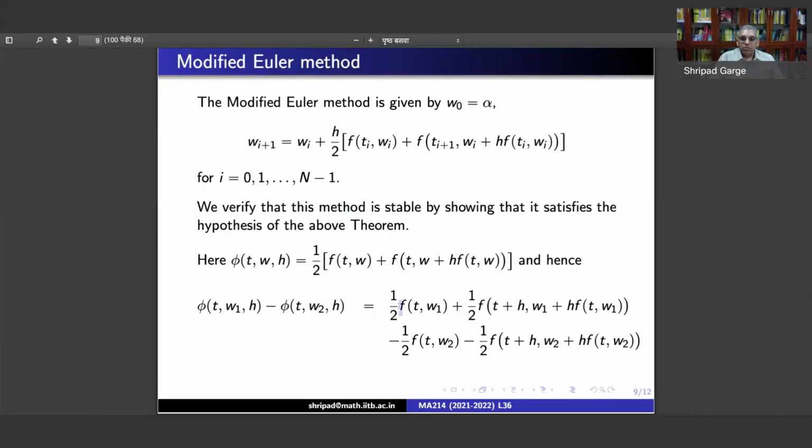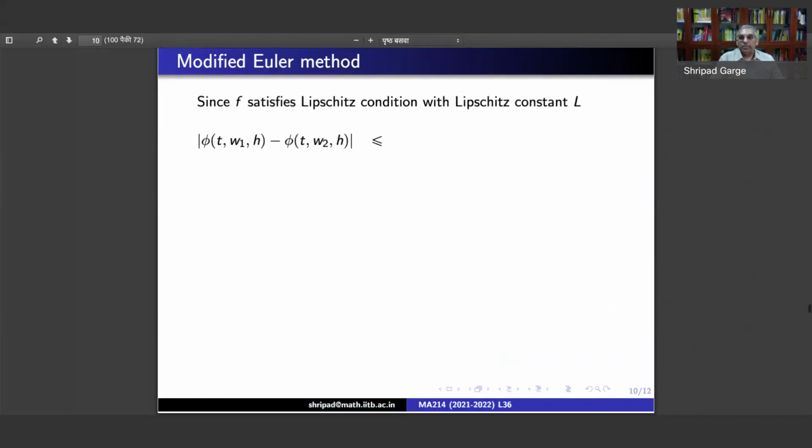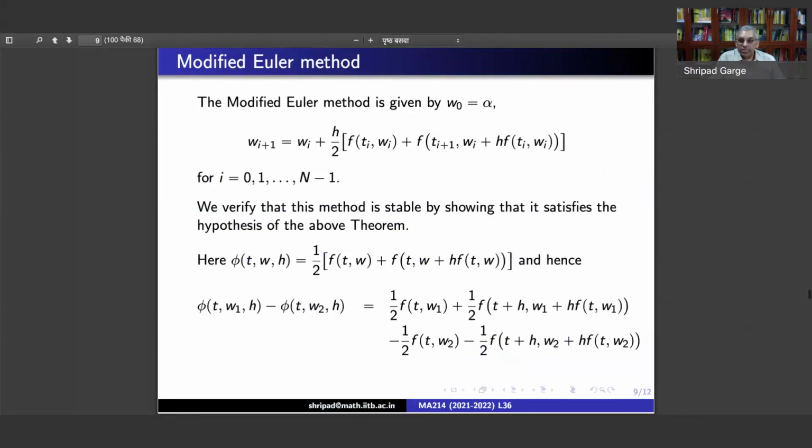Once you have 1 by 2 mod of f(t, W1) minus f(t, W2), now the function f satisfies the Lipschitz condition. Therefore, you will bring an L out and you will simply have mod of W1 minus W2. Moreover, the second term is obtained by considering this. Again, the second variables are W1 plus h f(t, W1) and W2 plus h f(t, W2), and the function satisfies Lipschitz on the second variable.